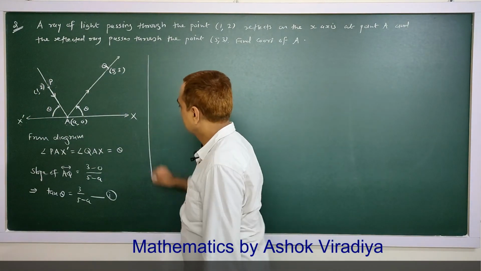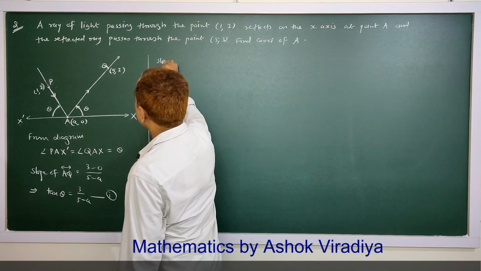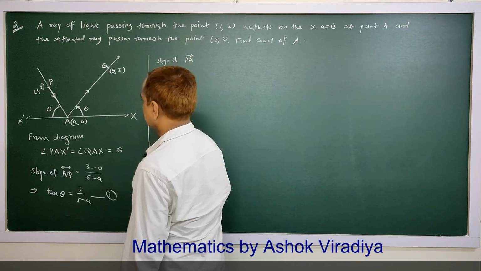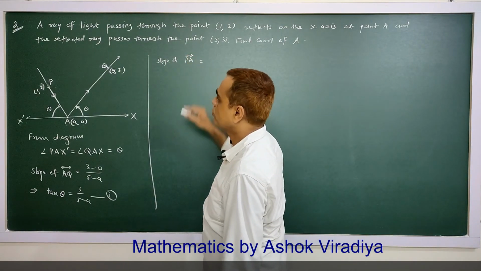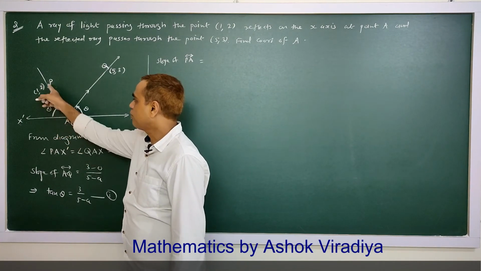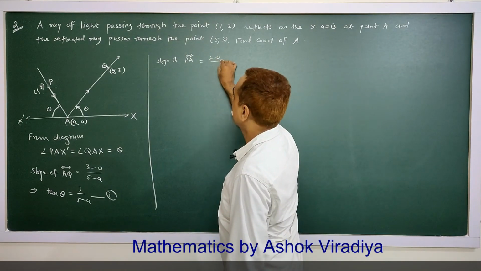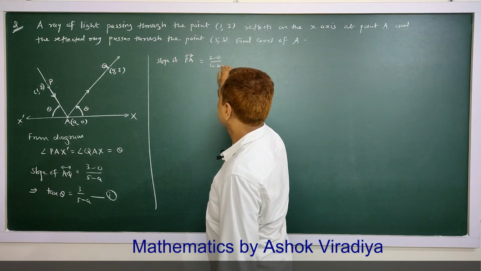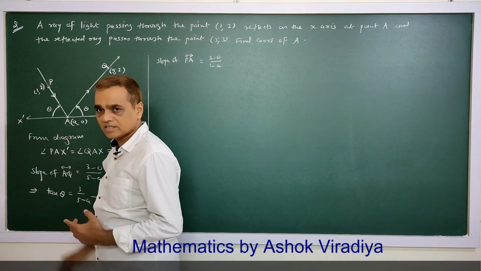Now the slope of line PA or ray PA. Considering these 2 points, the slope of PA is y2 minus y1 upon x2 minus x1, that is 2 minus 0 upon 1 minus a.